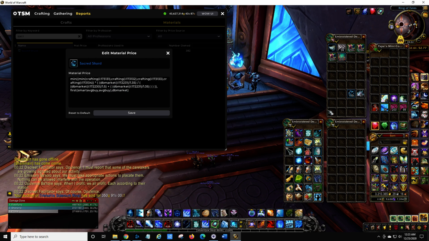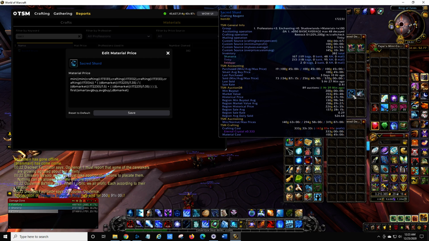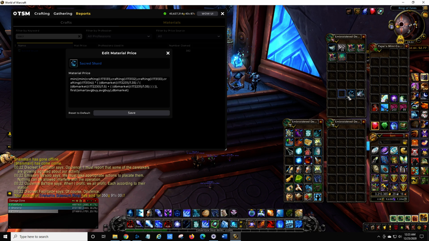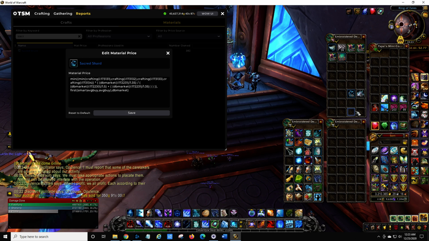You could just look at this and say, okay, well, on my realm, sacred shards are selling for like 200 gold, and the soul dust is selling for 20 gold. So maybe I could come up with just that's about 0.9. So I could just multiply the sacred shard by 0.9 times the crafting cost and come up with a value for what I think my shards should be valued at.